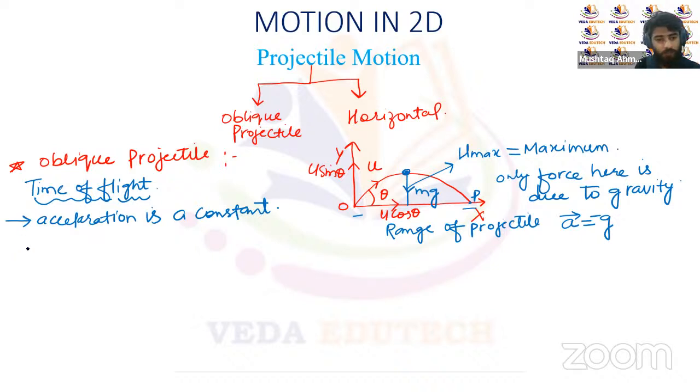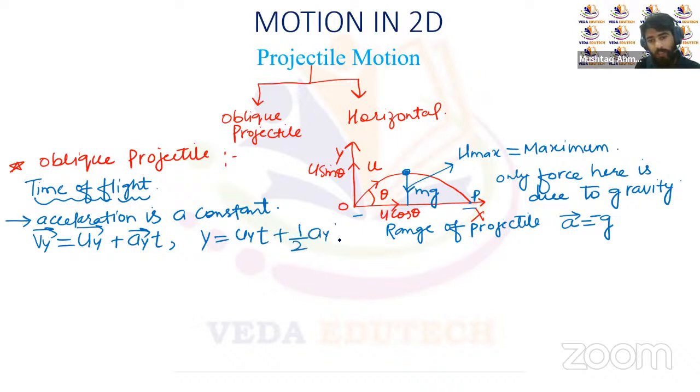So it means that we can rewrite the equations of motion like this: Vy should be equal to Uy plus Ay t, right? Y should be equal to Uy t plus half Ay t square, right? Similarly, Vx should be equal to Ux plus Ax t, or x will be equal to Ux t plus half Ax t square, right?